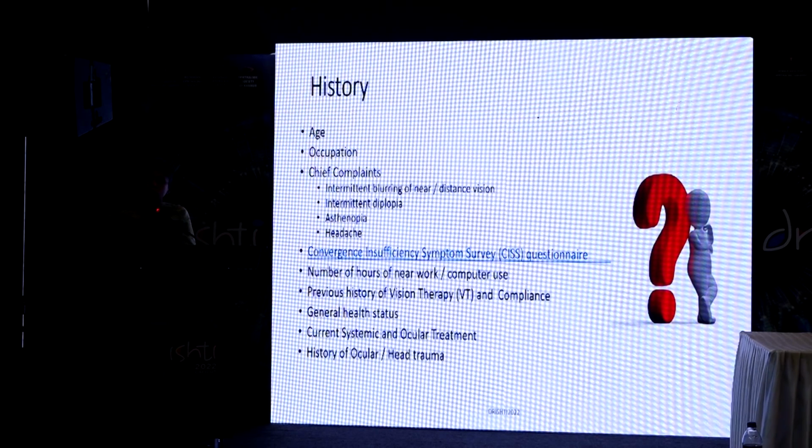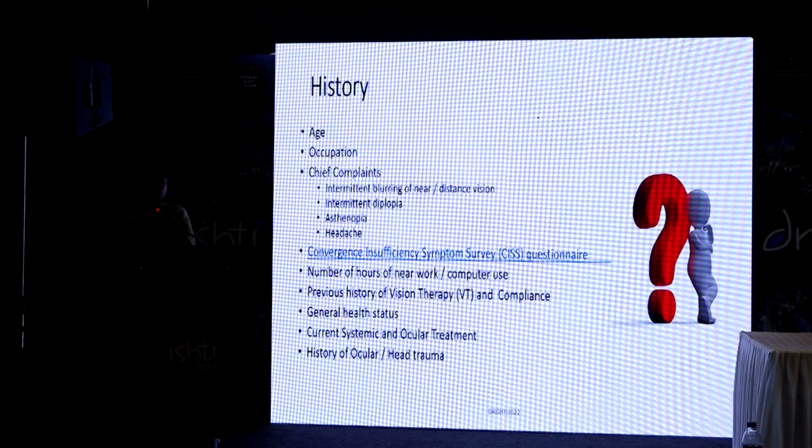And then you could also run this questionnaire called the CISS, the Convergence Insufficiency Symptom Survey, which is freely available. When you Google it, you can download it. It is a validated questionnaire and it is very popular in binocular vision clinics to give to your patients.